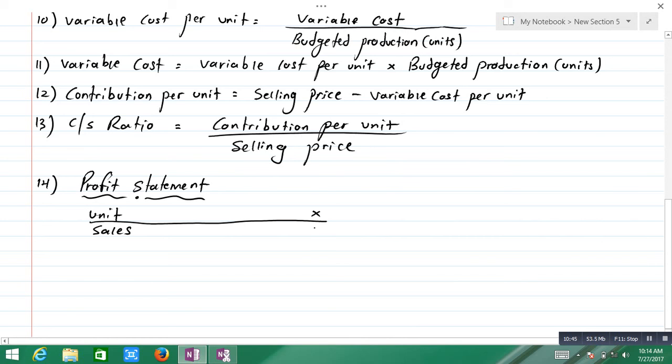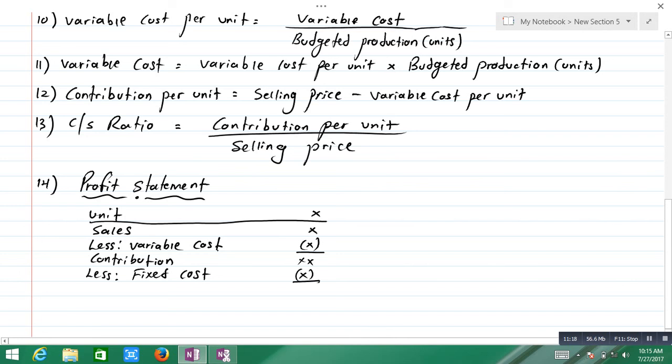That will give you contribution, then less your fixed costs. That will give you net profit or loss. So that will be a profit statement if you do it in a statement format.